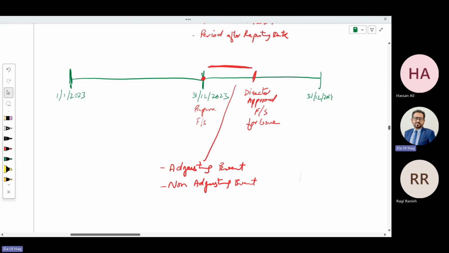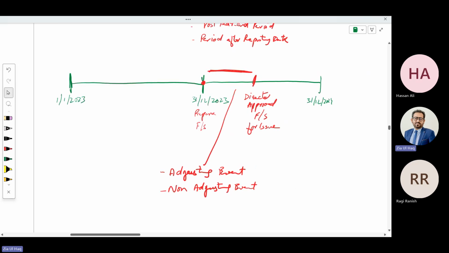Mean events occurring between year end date, mean financial statement date, and date director approved financial statements for issue. Those events will be either adjusting or non-adjusting.